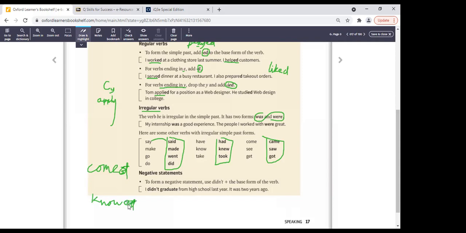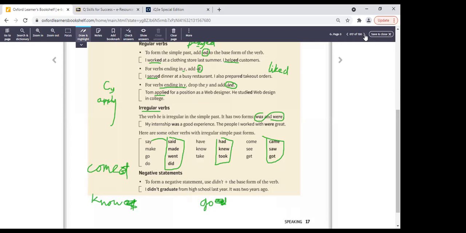No, you say I knew. So these verbs, they're irregular. The whole word just changes. Again with go, we don't say I goed. I went. Yeah, this is clear, yeah?